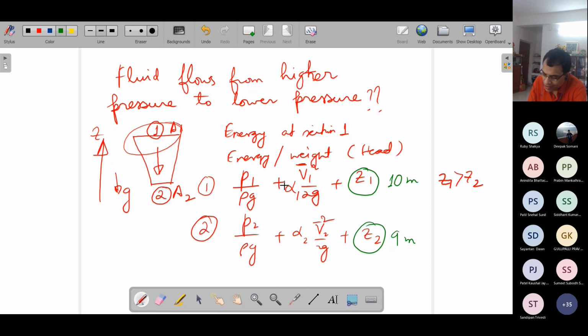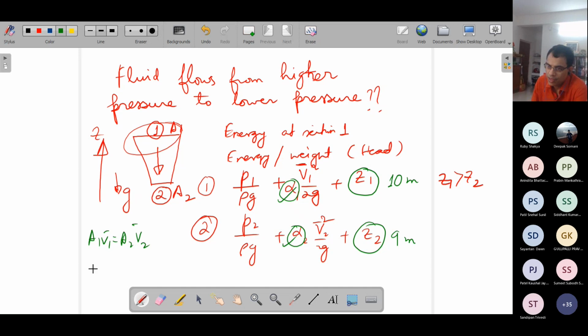The kinetic energy correction factor depends on the distribution of velocity. If the distribution of velocity is similar, then these two may be equal. Now, out of average V1 and average V2, which one is more? So you can use your favorite A1 V1 equal to A2 V2. Let us assume that there is no compressibility effect.